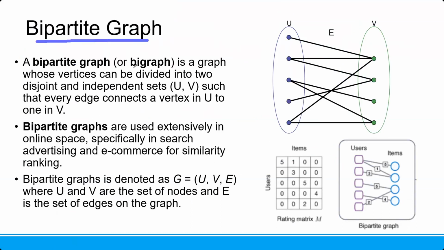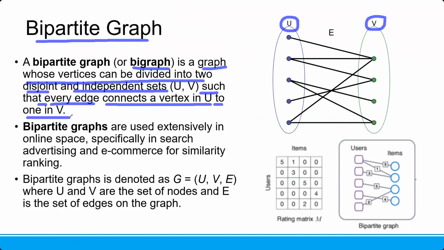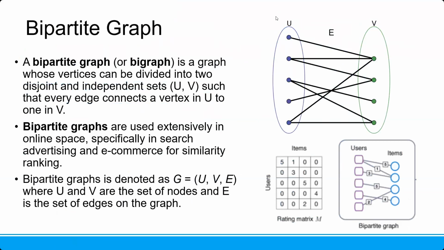The bipartite graph is a graph whose vertices can be divided into two disjoint and independent sets, U and V, such that every edge connects a vertex in U to one in V. So we can have one vertex in U, and it should have at least one connection to another vertex in V. If we have 1, 2, 3, 4, 5 vertices in U and 1, 2, 3, 4 vertices in V, there should be at least one connection between U and V. So we call this a bipartite graph.